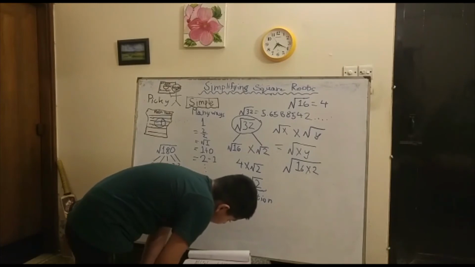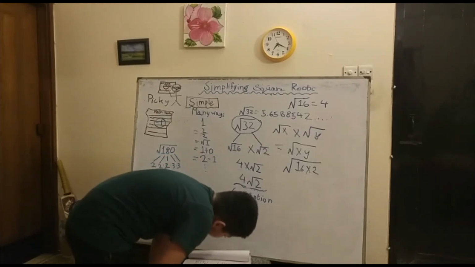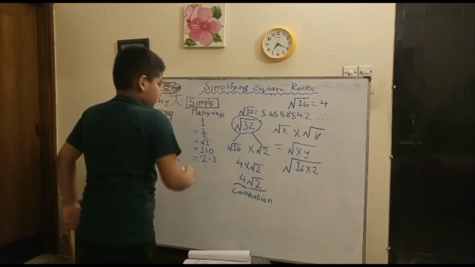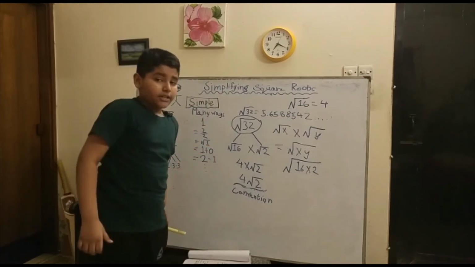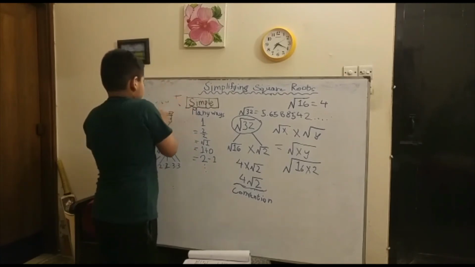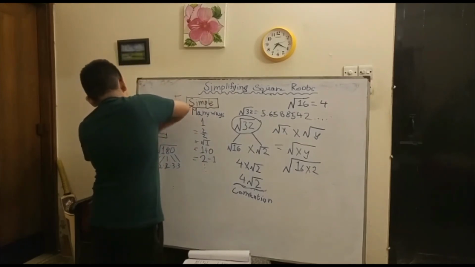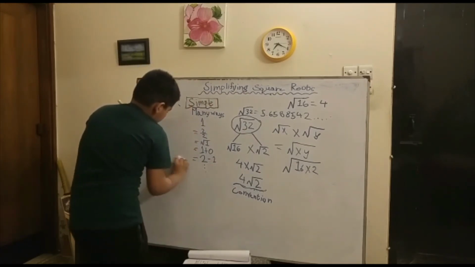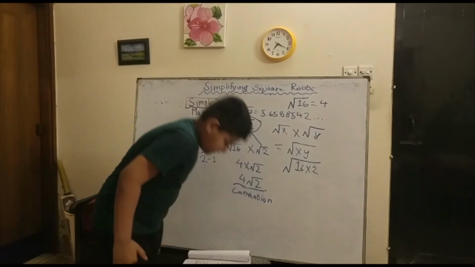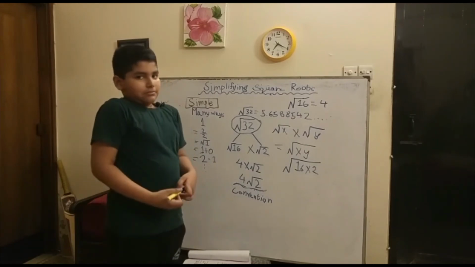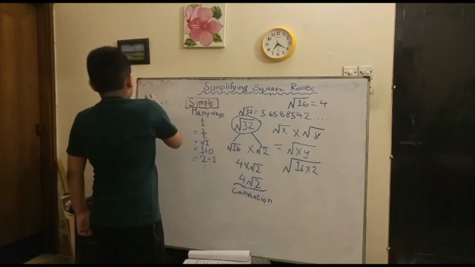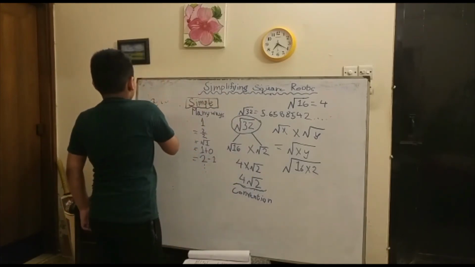So let's move on and see another one. This is called rationalizing a denominator. Let's say you made a math problem and solved that the answer to the math problem is 3 over square root of 2.